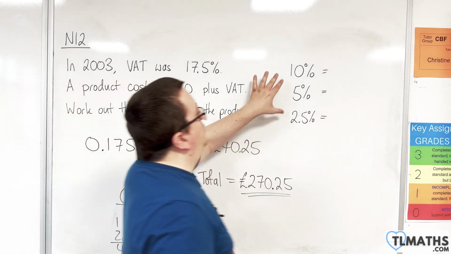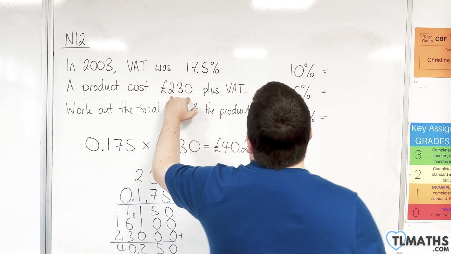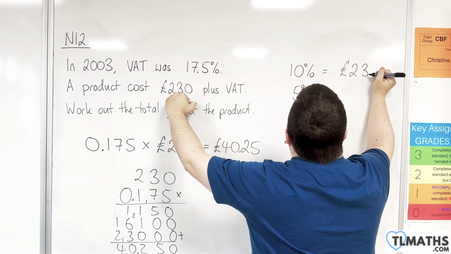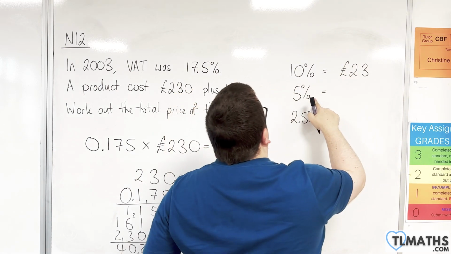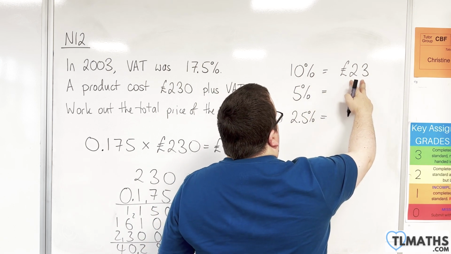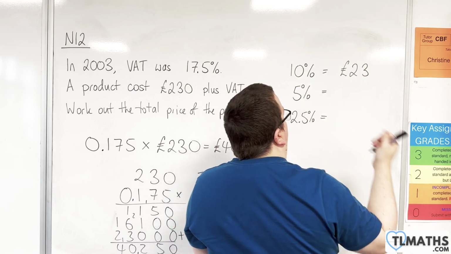So, if we go to this method, then 10% of £230 is £23. So 5% is half of the 10%, so it's half the £23. So half of £23 is going to be £11.50.